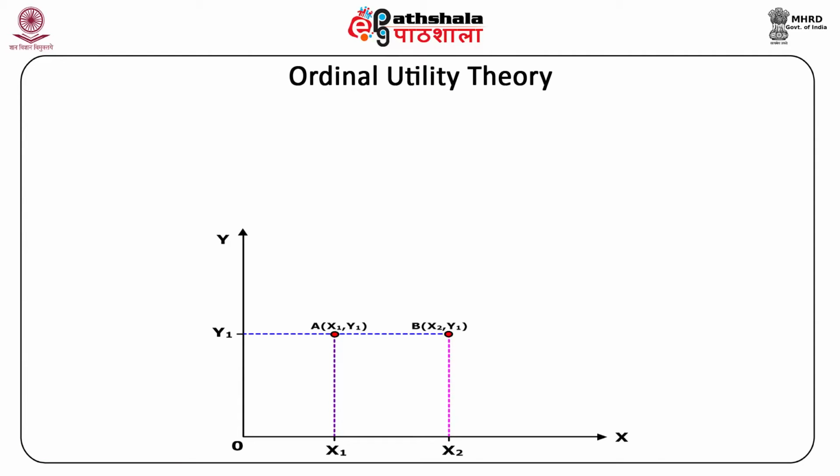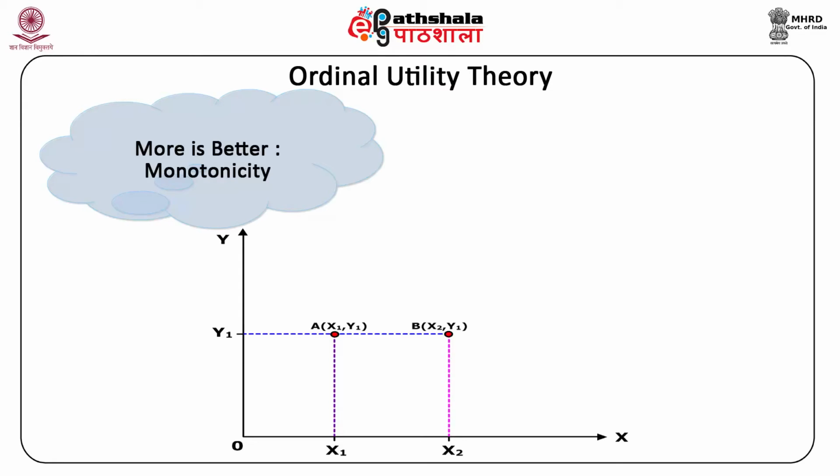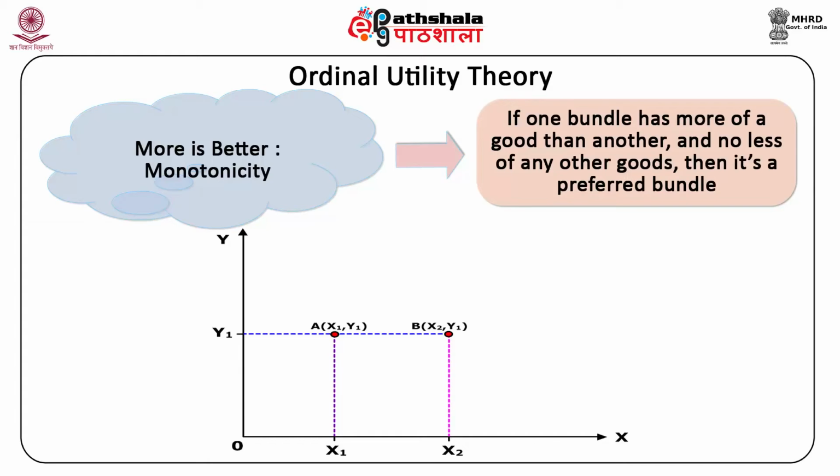First is more is better, also denoted as MIB, which also means monotonicity. It says if one bundle has more of a good than another and no less of any other goods, then it is a preferred bundle.